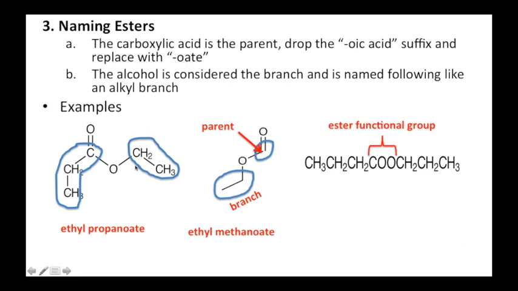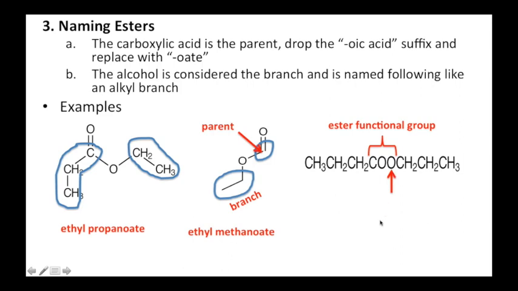Okay, now look at this one. You notice how this goes COO. Now, if you see a COO like that in a formula, that's your ester. You can just identify it right now. Oh, there's an ester. And this is the O that has the branch on it, because when we write this, we go C double bonded to an O, single bonded to O. The first O connected to the C is the double bond.